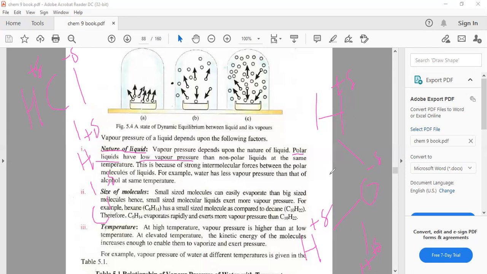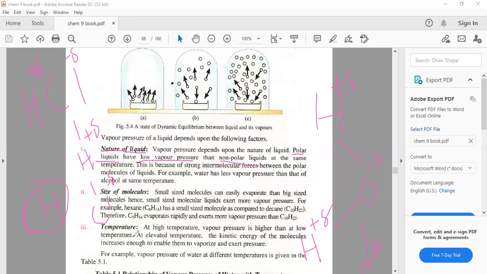The vapors of the polar liquids exert very little pressure because they are not vaporizing as much as the non-polar liquids, those liquids which do not have poles. For example, CH4, it's a gas basically.